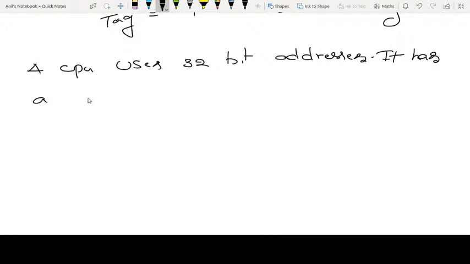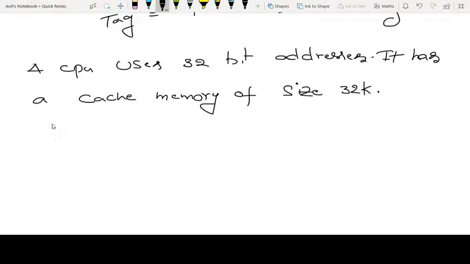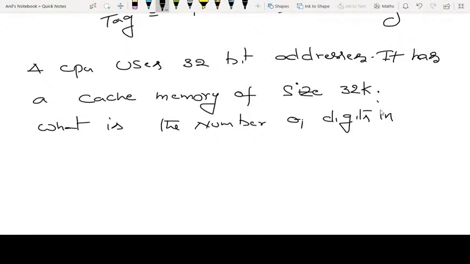It has a cache memory of size 32K. What is the number of digits in index portion and tag? So this is the question.